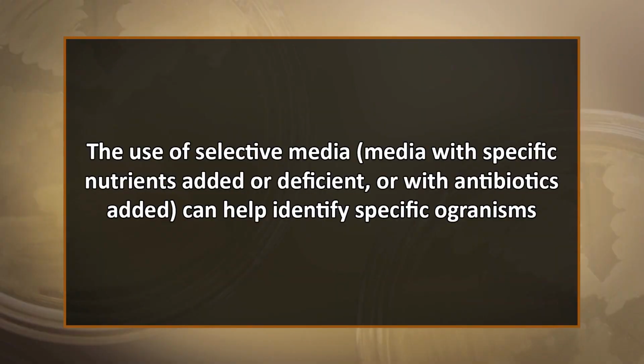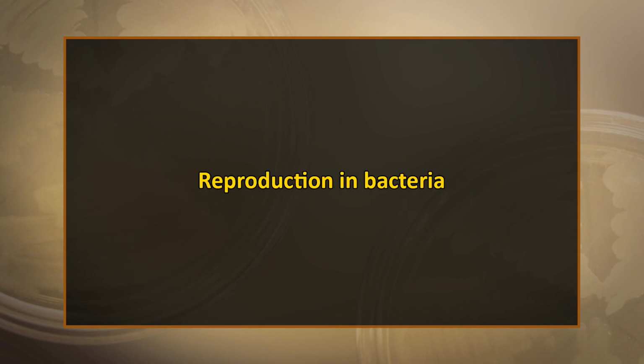Growth in stirred liquid medium occurs as an even cell suspension, making the cultures easy to divide and transfer, although isolating single bacteria from liquid media is difficult. The use of selective media, that's media with specific nutrients added or deficient or with antibiotics added, can help identify specific organisms. Now, let's talk about types of reproduction in bacteria.